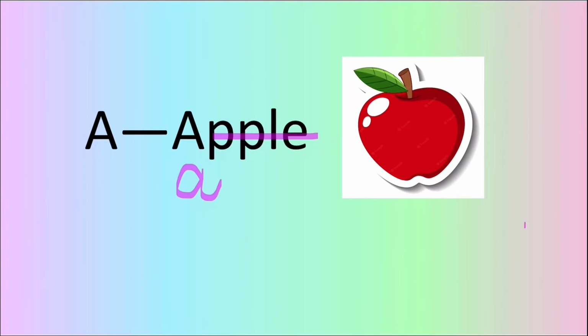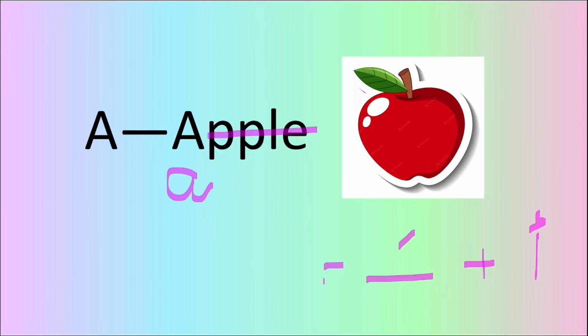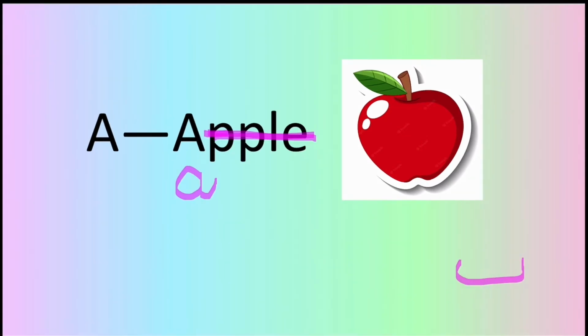Okay, now alif. If I add fatha with alif, I will get a. So alif changes to a. Ba.